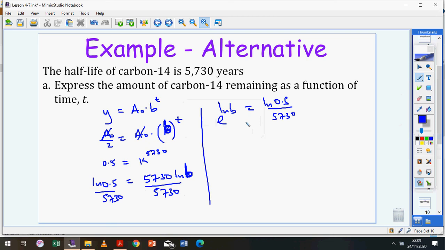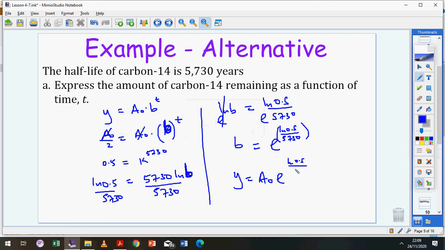E to the power natural log of b will just give me b, which is equal to e to the power natural log 0.5 divided by 5730. Now, this equation, I can write as y equals a naught times e to the power natural log 0.5 over 5730, right? Because b, the growth factor which I just solved for, is e to the power natural log 0.5 over 5730.